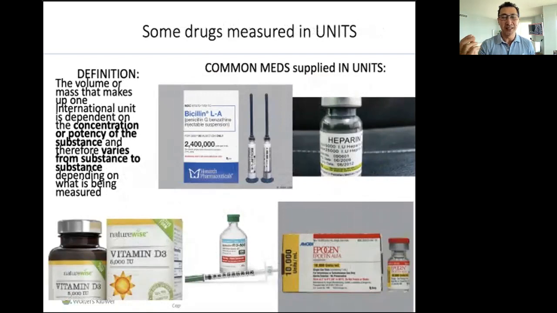I think the kids were supposed to get 10 units, or 5 units, and they ended up giving them 5,000 units. Vitamin D is in units. Insulin is given in units. You will be very familiar with insulin and heparin. You don't know it yet, but you will. And Epogen, to increase your RBCs, typically for dialysis patients.